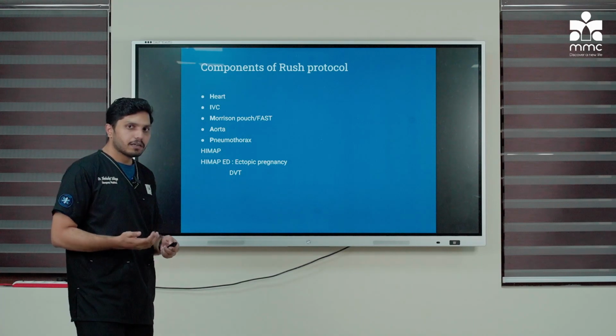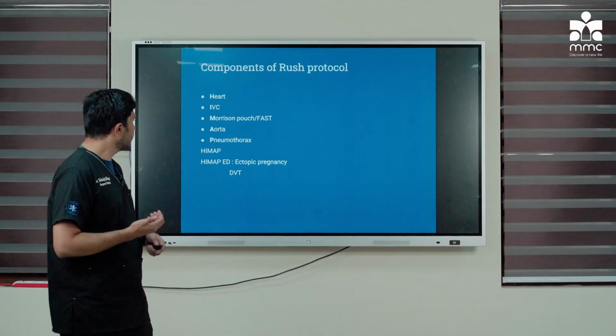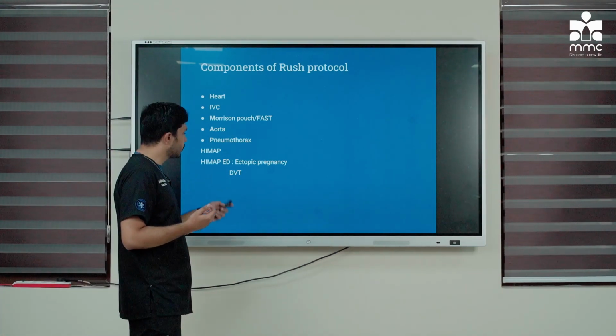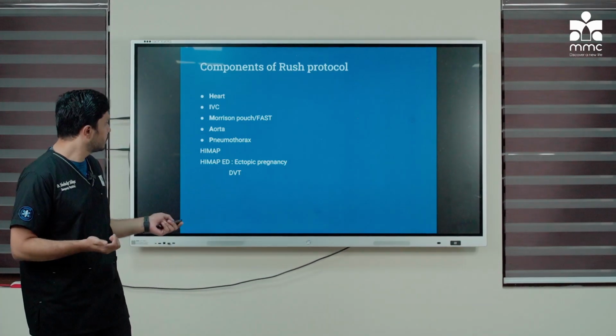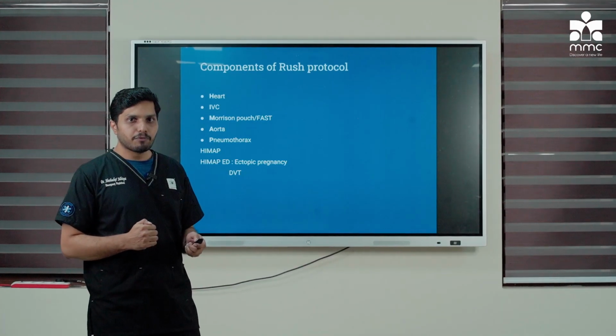We also look at the aorta and for any pneumothorax, and we will discuss the details. There are also two additional terms included with the RUSH protocol, the advanced RUSH protocol, where we can look for ectopic pregnancy as well as deep vein thrombosis.